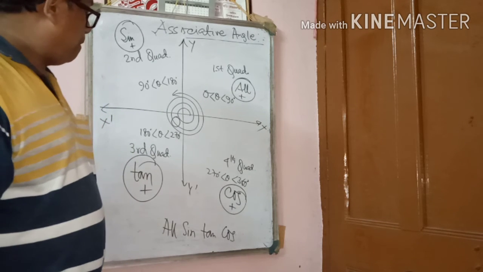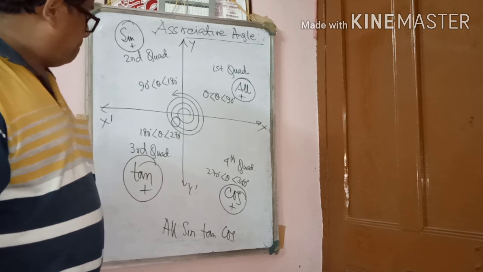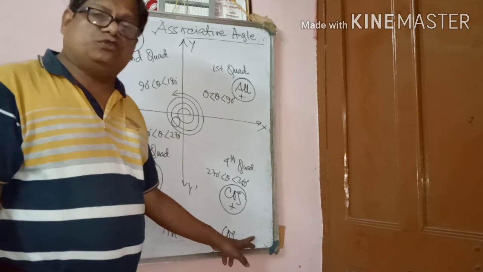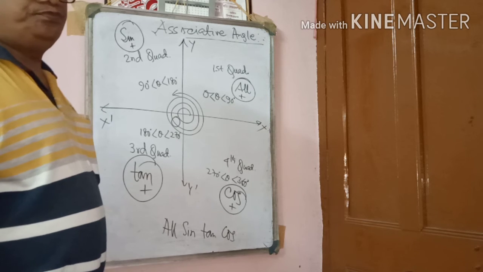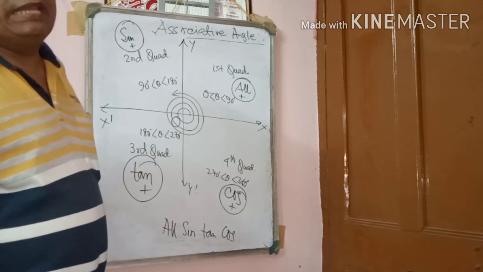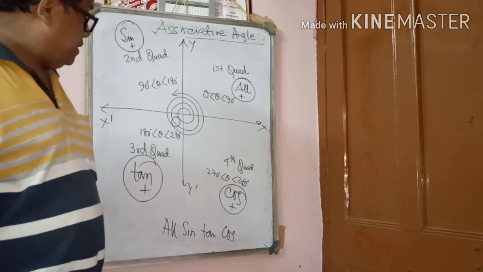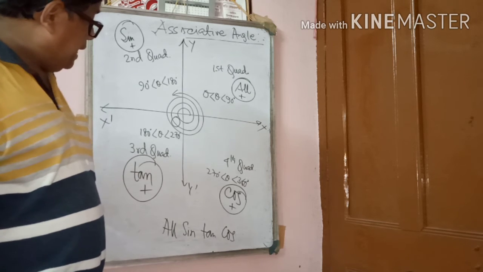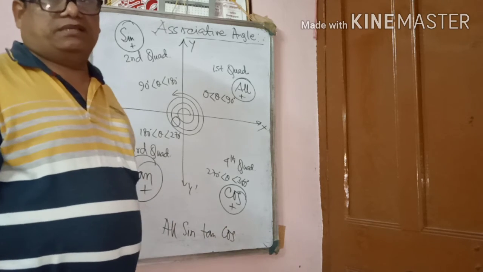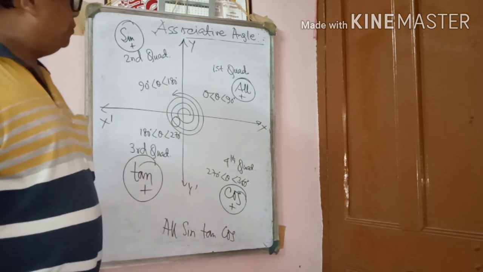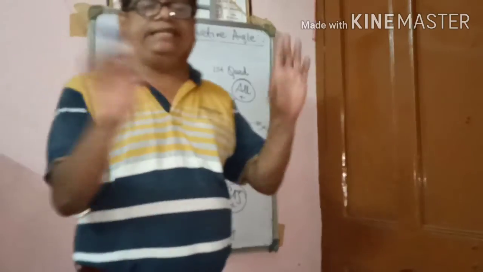Understood? Understood? All sine tan cos. Keep in mind. Add sugar to coffee. Okay. Remember, anyhow, you have to remember all sine tan cos.